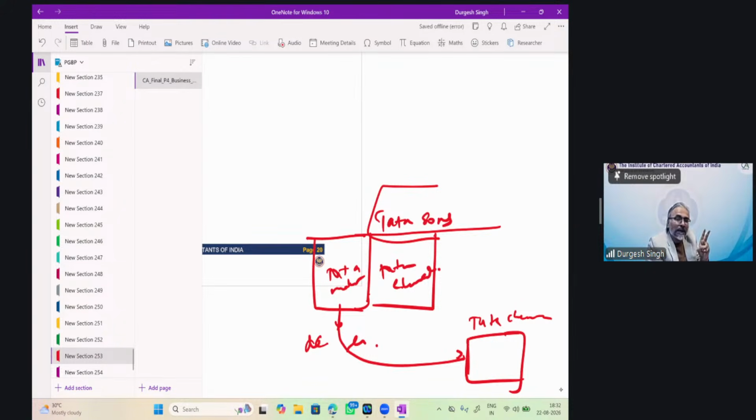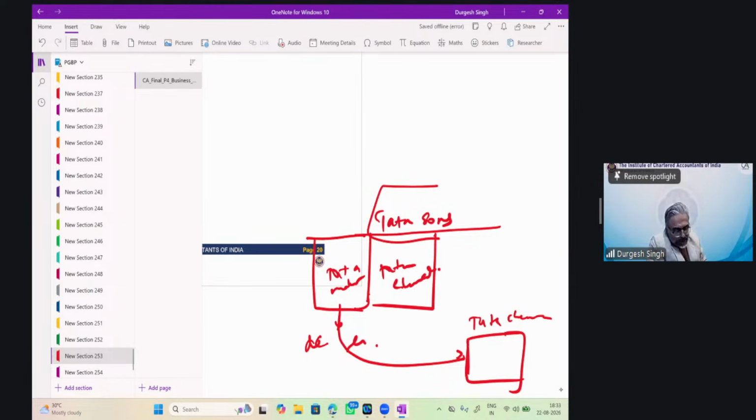Therefore, from my original cost, I will do the attribution. Attribution means some portion of the cost belongs to that other company whose shares I received at the time of demerger. So some portion of my original cost has to be attributable to that particular company.